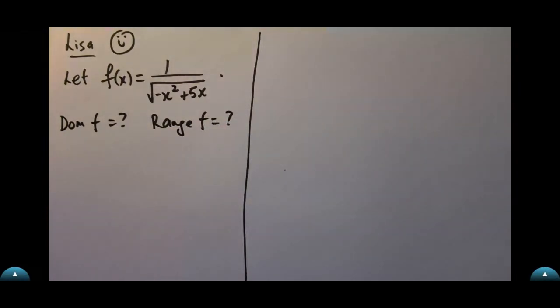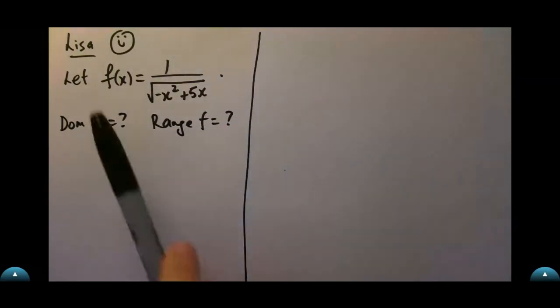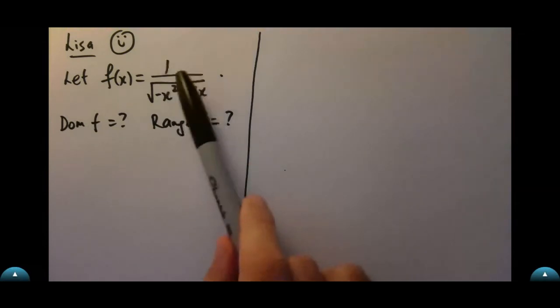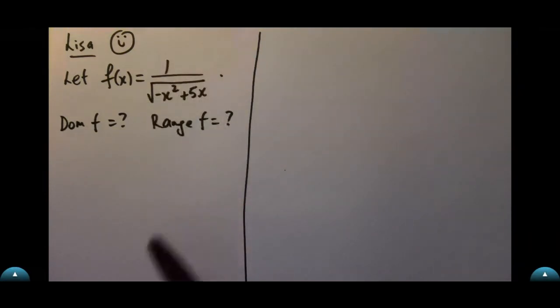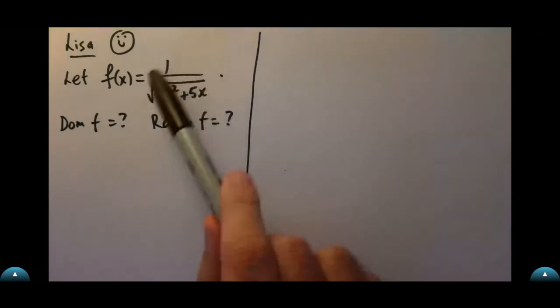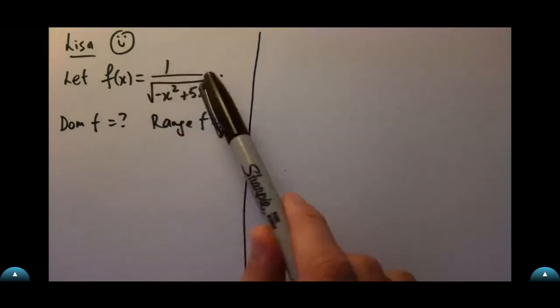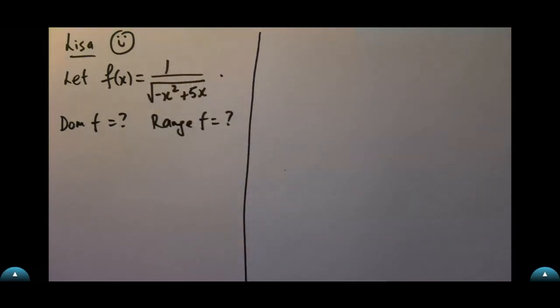Okay, so with the domain, we just look for those values of x that break maths in some way. Dividing by 0 is one way of breaking it. Taking the square root of a negative number is another way of breaking the function.